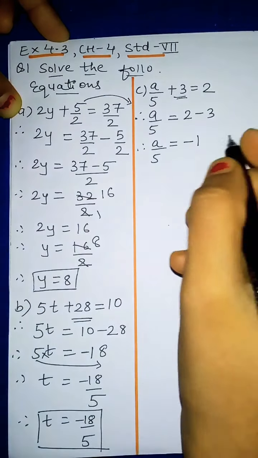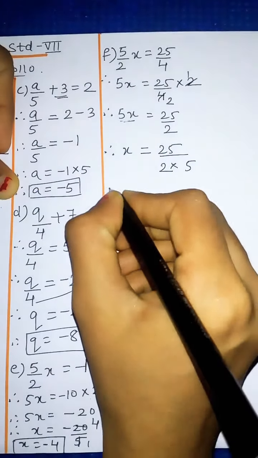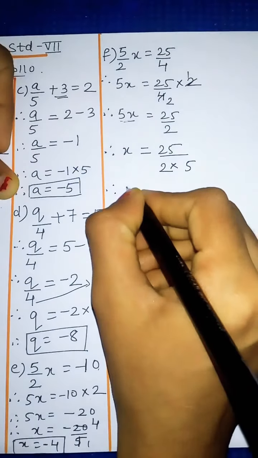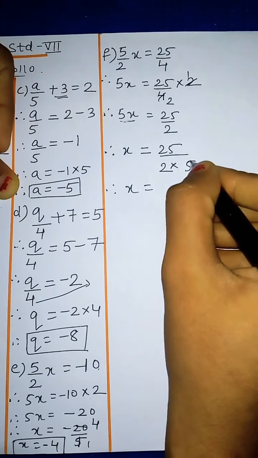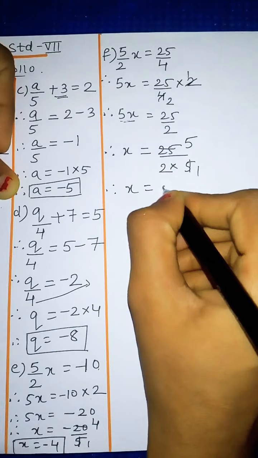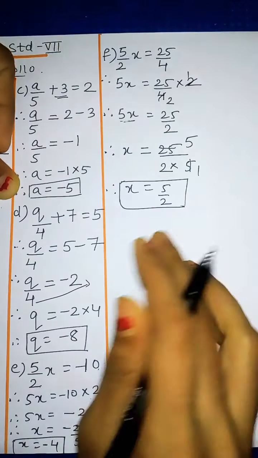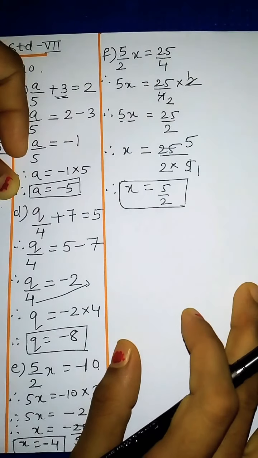This was in multiplication, so that we have brought over here for the division part. Now understood? So x equal to, here cancellation is possible, so 5 ones are 5 and 5 fives are 25, so 5 upon 2. So this is our variable x. 5 upon 2 is our answer.